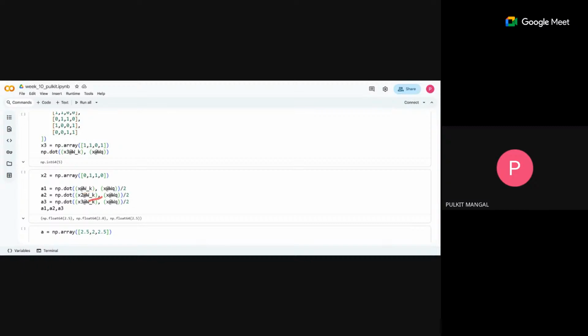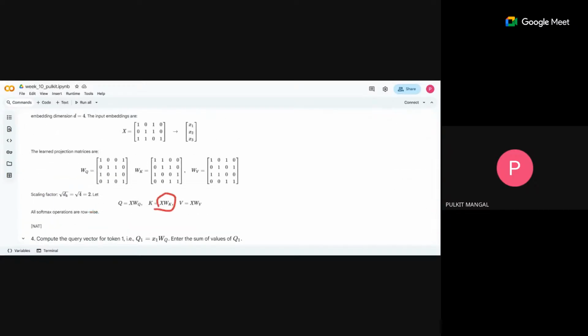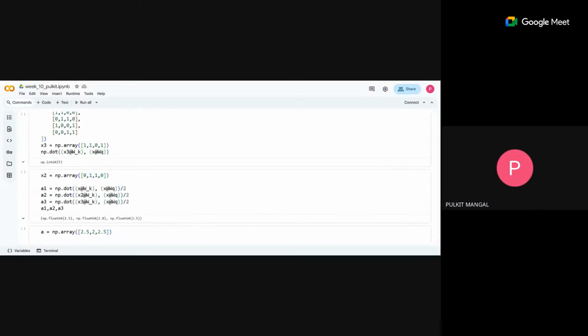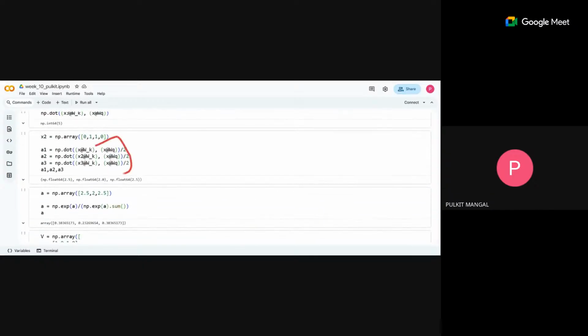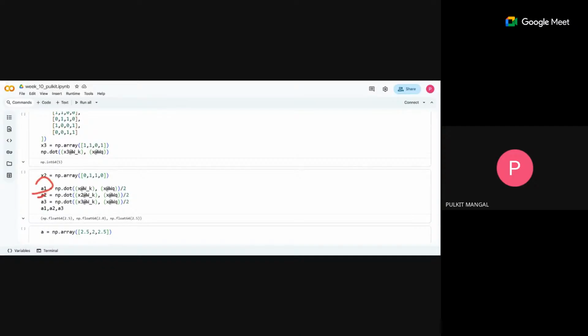Similarly you calculate k2 and k3, or you can simply multiply X times WK. Once you get k1, k2, k3, you take the dot product of each with q1: q1 times k1, q1 times k2, q1 times k3. Do the scaling using square root of dk, and you get the attention scores a1, a2, a3.